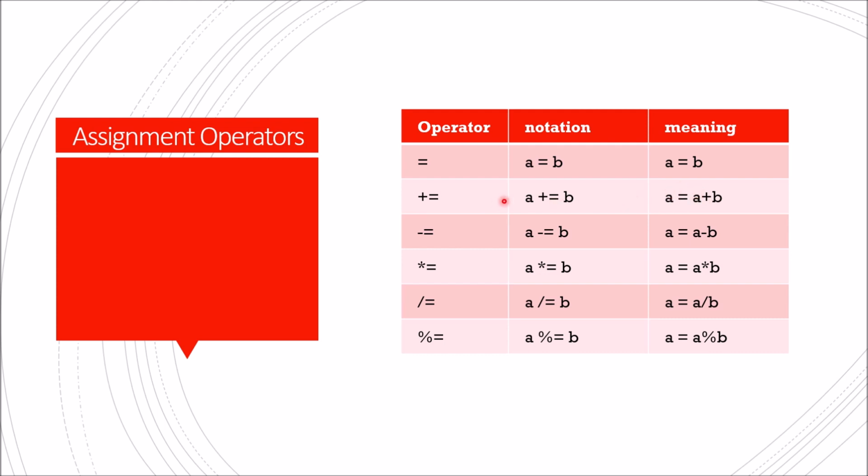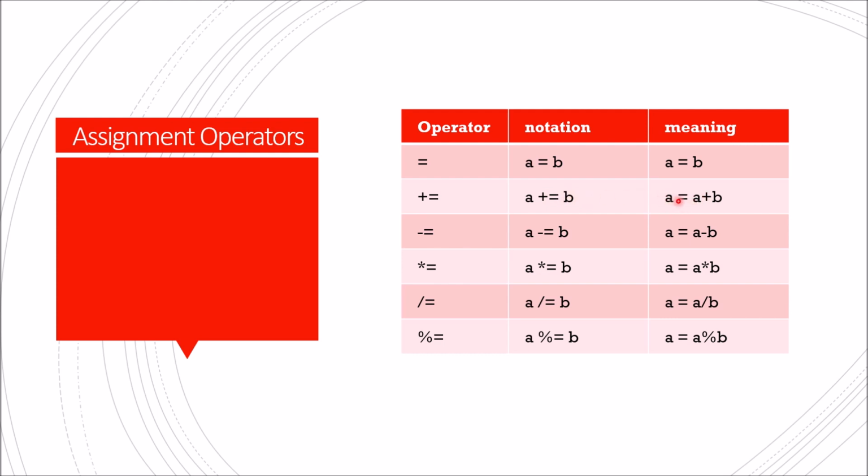Okay, so that a plus equal b means that you are going to add a with b and are going to store the value back in a. So it's kind of, you may say, saving some symbols.